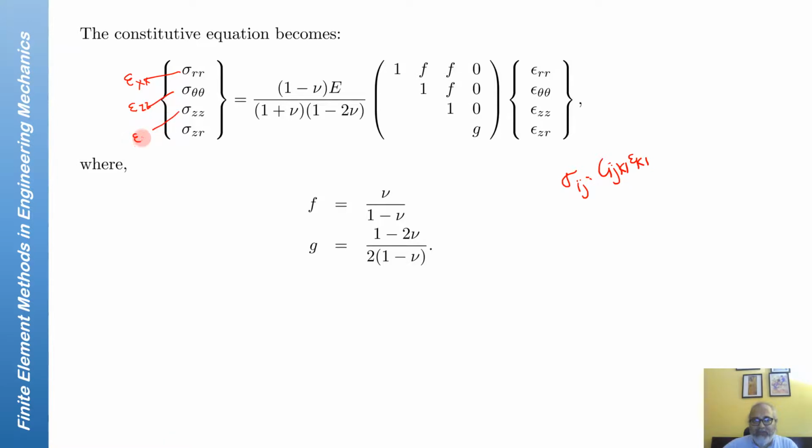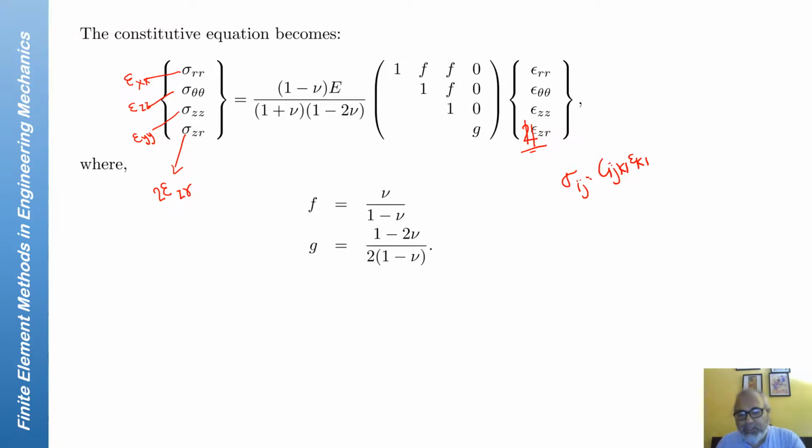Zz we will deal with as epsilon yy in the plane stress plane strain case, and this we will map to epsilon zr. So I think there's a 2 here which I have missed. I think the 2 is here, but I'll have to check whether this 2 is there. I will put it down correctly when I upload the notes.